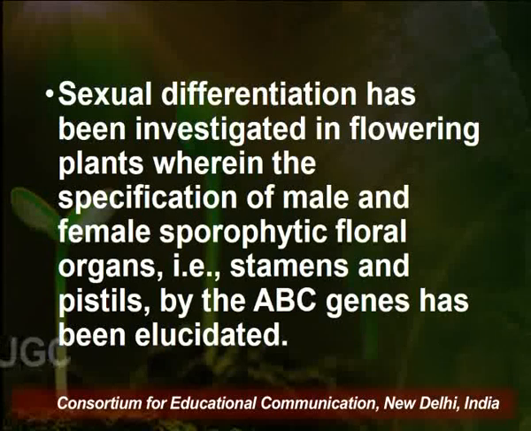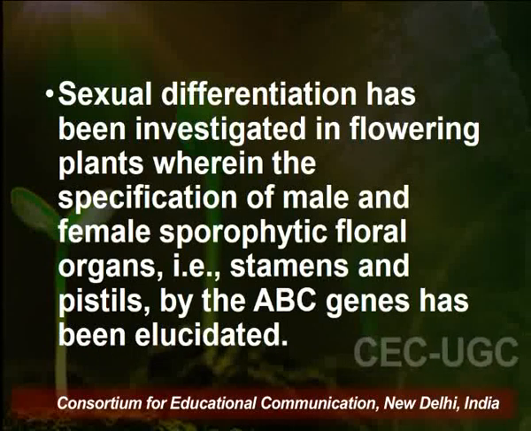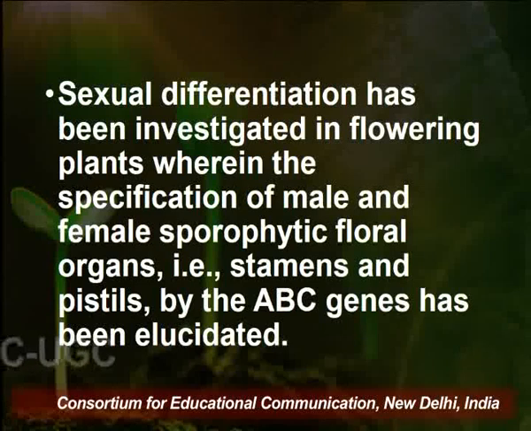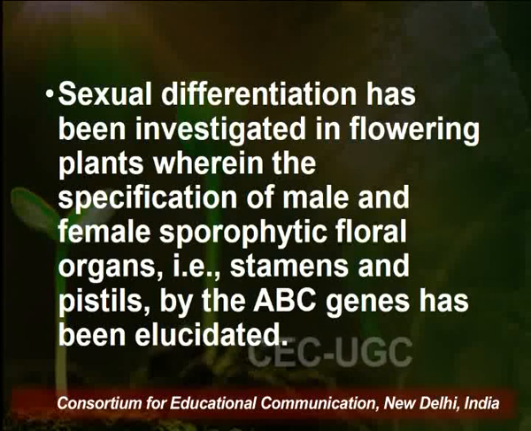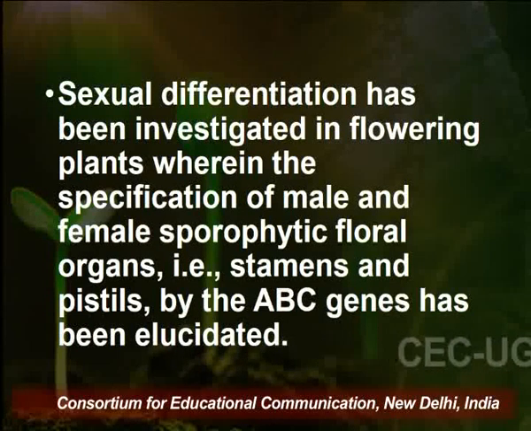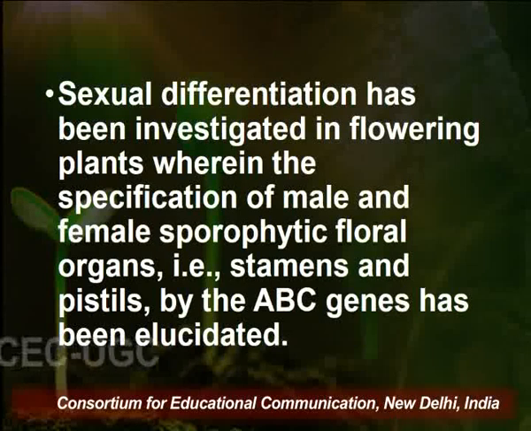And as you know, the model system of Arabidopsis thaliana has given us lots and lots of information, where the specification of male and the female sporophytic floral organs, that is the stamens and pistils, by the ABC genes has been elucidated.